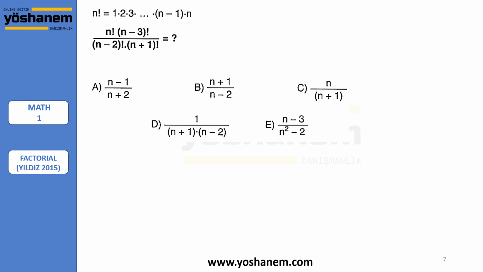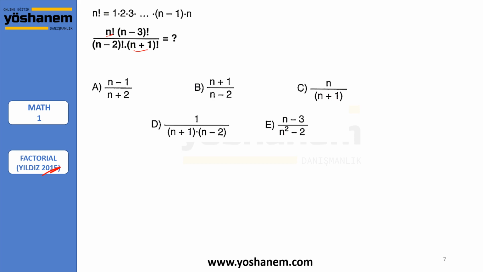And this one is from 2015 and it's given in algebraic expression. It says n factorial times n minus 3 factorial over n minus 2 factorial times n plus 1 factorial. So look at this, n plus 1.